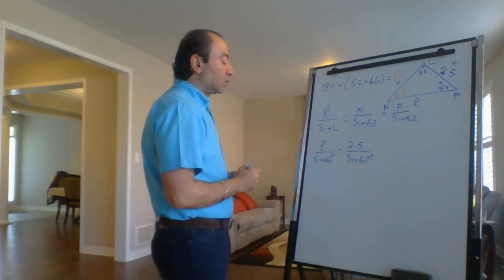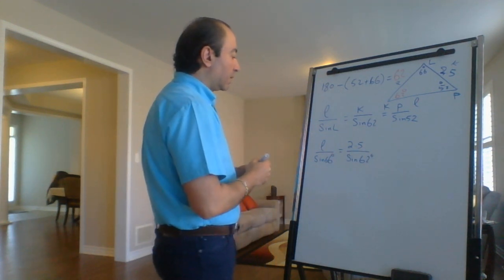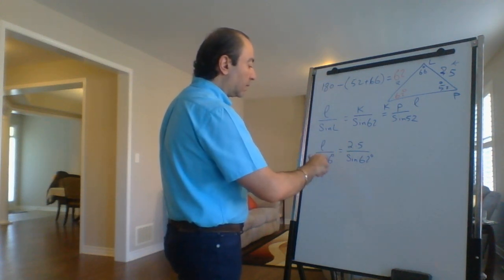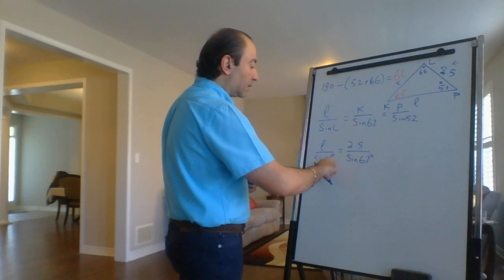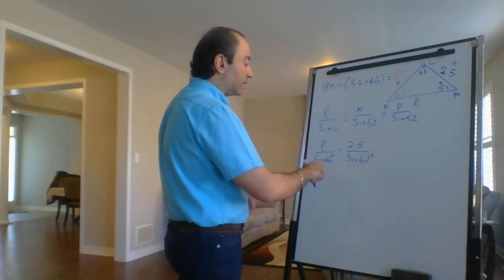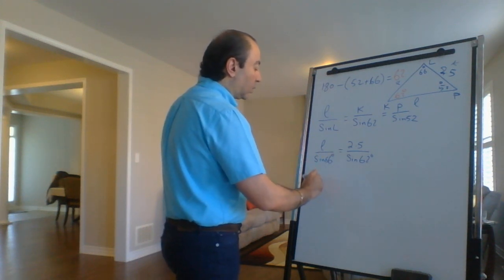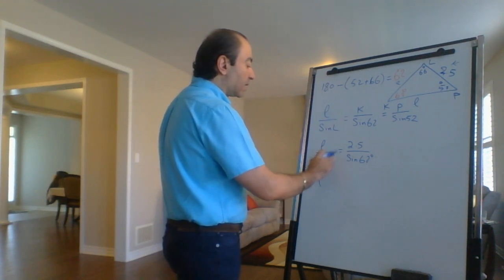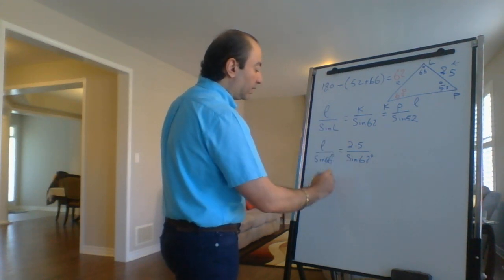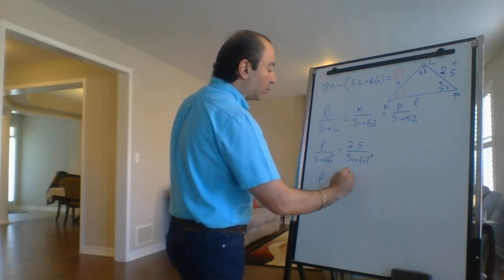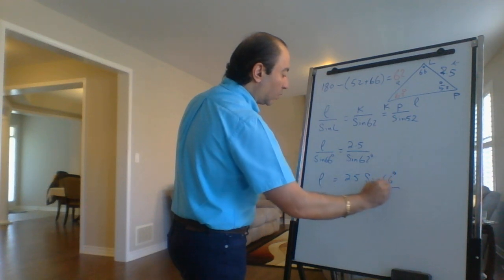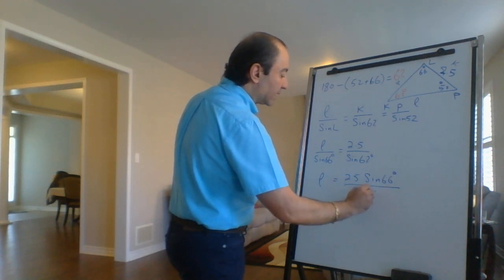Now what I need to do is isolate l, so I will multiply everything by sine 66 degrees. When I multiply this side by sine 66 degrees, it will cancel out, and on the other side we're going to have 2.5 sine 66 degrees over sine 62 degrees.